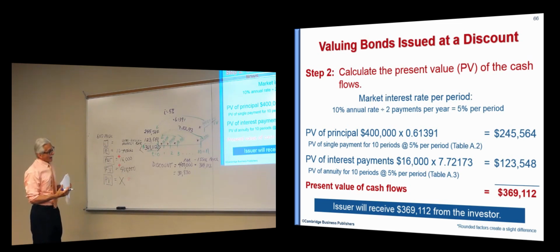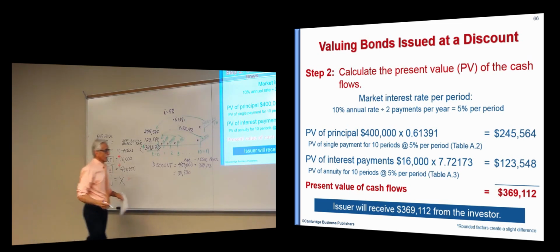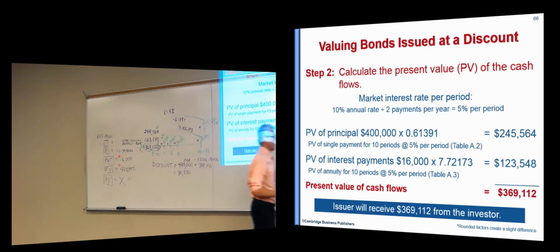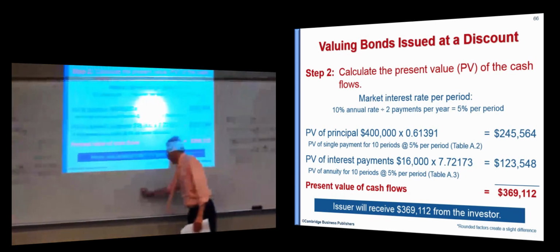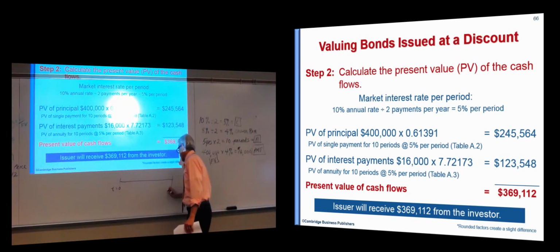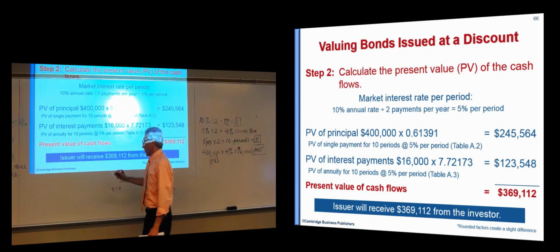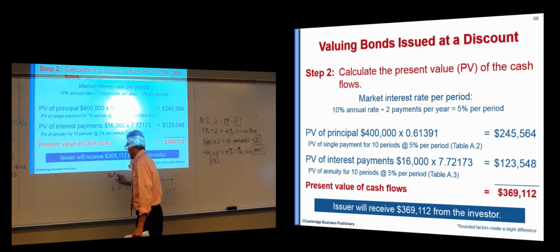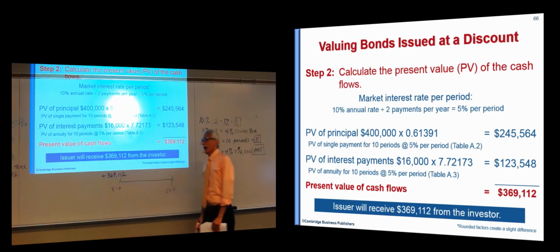In other words, what's going to happen is that, forgetting about the cash interest, time period 0, time period 10, the problem now for me as the corporation is I'm going to borrow $369,112, but I still have to pay you back $400,000. So that discount is additional interest.